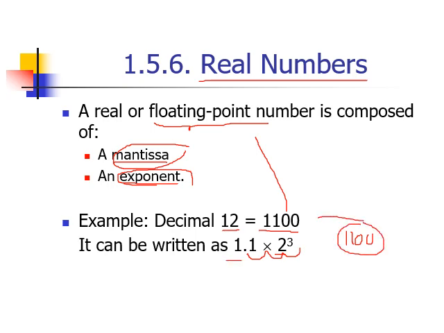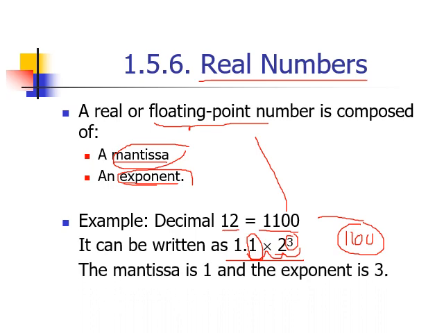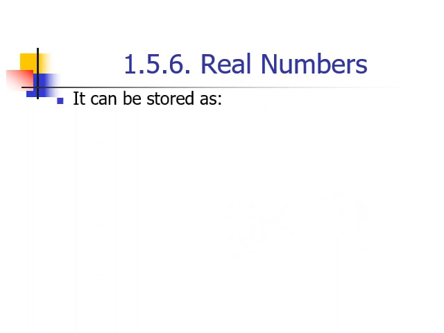So this is the way you represent this number in the real number format. So we have here a mantissa of 1 and an exponent of 3. You give only the mantissa and the exponent. All right.